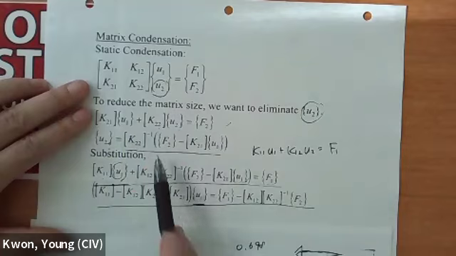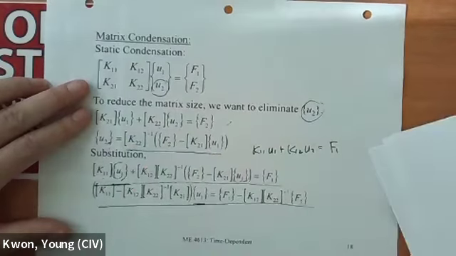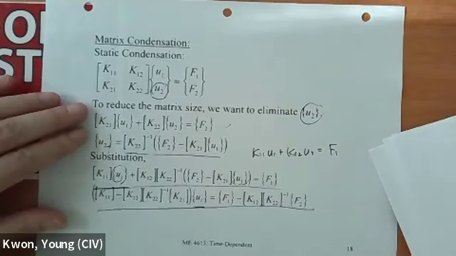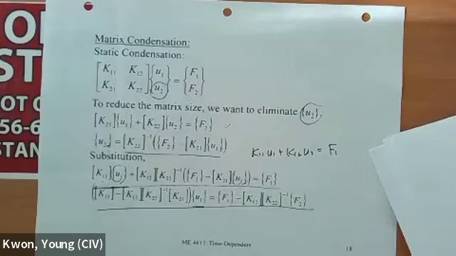This is static condensation, and of course static condensation is mathematically exact. There's no approximation. Sometimes we want to reduce the size of the matrix, then we do that, but it's not that common. We don't do static condensation often.